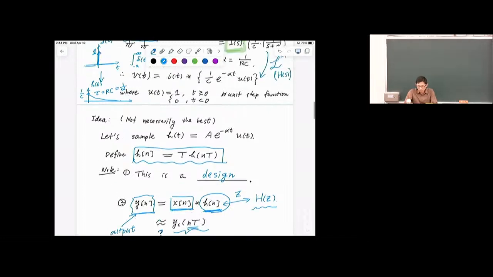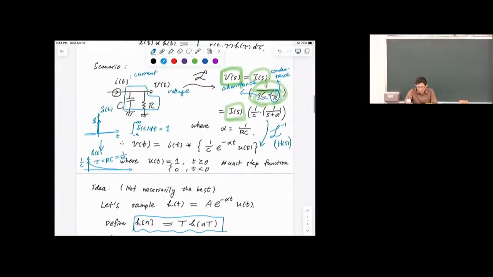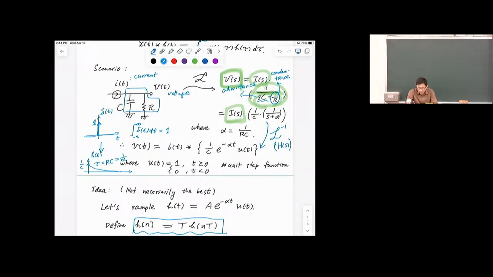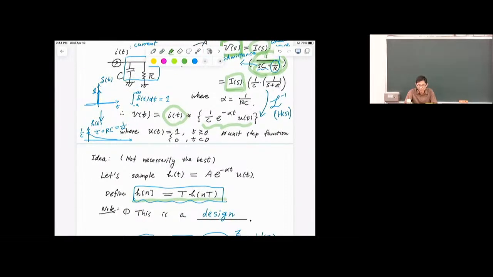We have the input, and we are going to sample our impulse response using this design thinking. But then we need to ask a question.